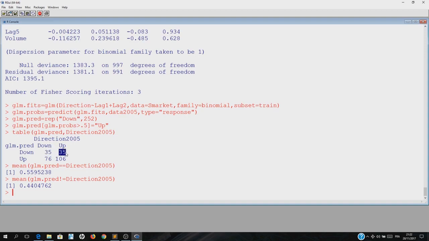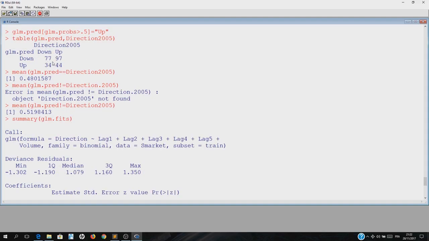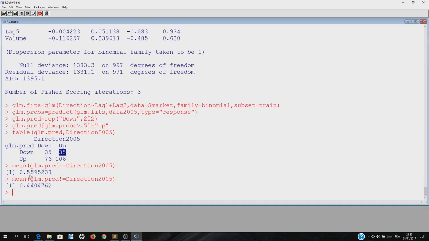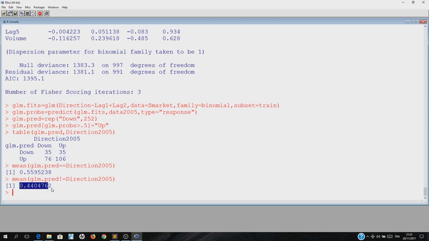Last time it was way worse. It was 77 to 97, like 0.48 accuracy, and now we are having 0.56 accuracy. So 56 accuracy, that's really good compared to last time. And the times when our model was wrong is just 44% of the time.